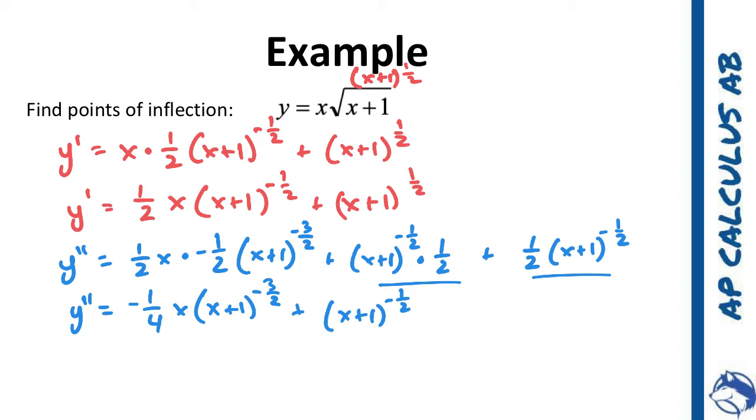So I'm going to factor out a x plus 1 to the negative 3/2 from both of these. And what this leaves me with on the inside is negative 1/4 x plus, this would be x plus 1 to the first.